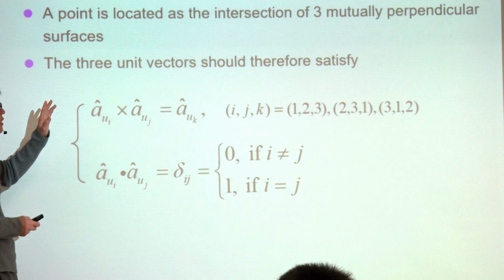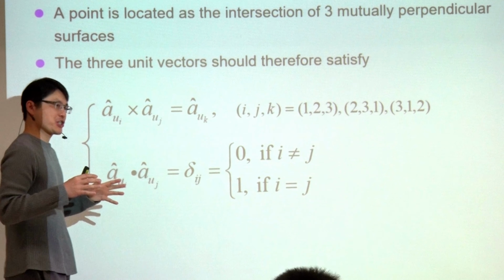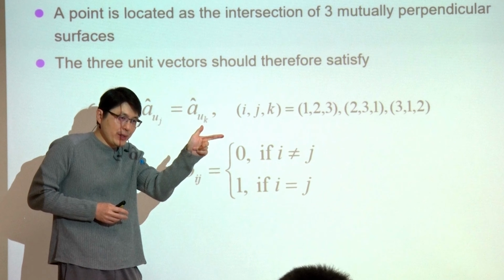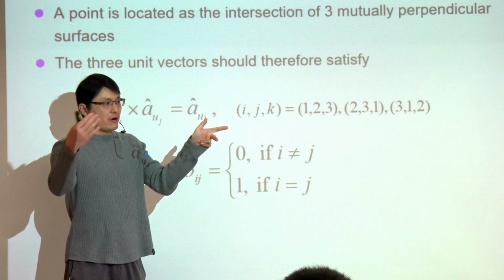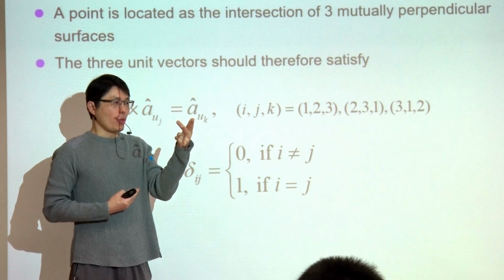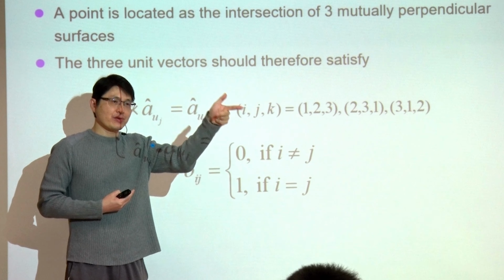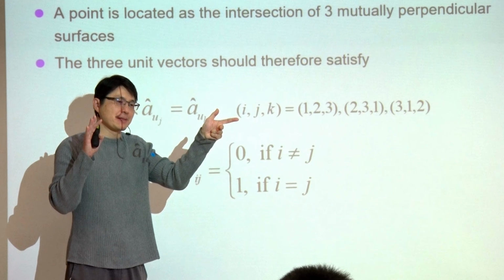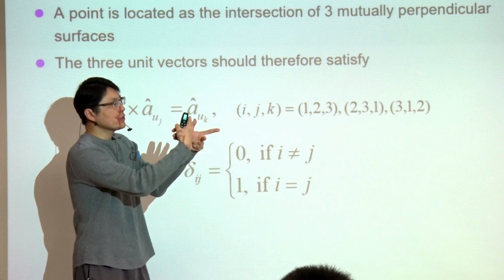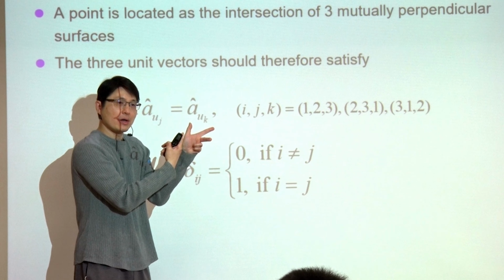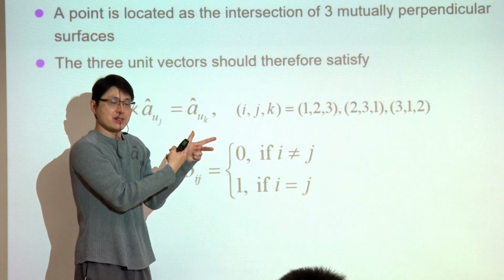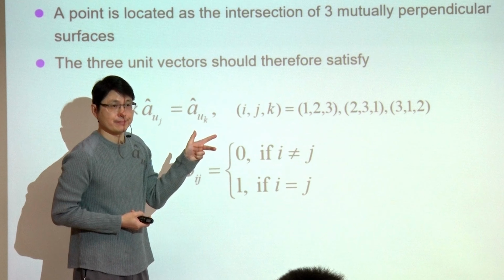Meaning, we live in a 3-dimensional world, so we need to have 3 unit vectors. For all the coordinate systems, we want to define using 3 different unit vectors. And usually for simplicity, we want to have the 3 unit vectors being perpendicular to each other.